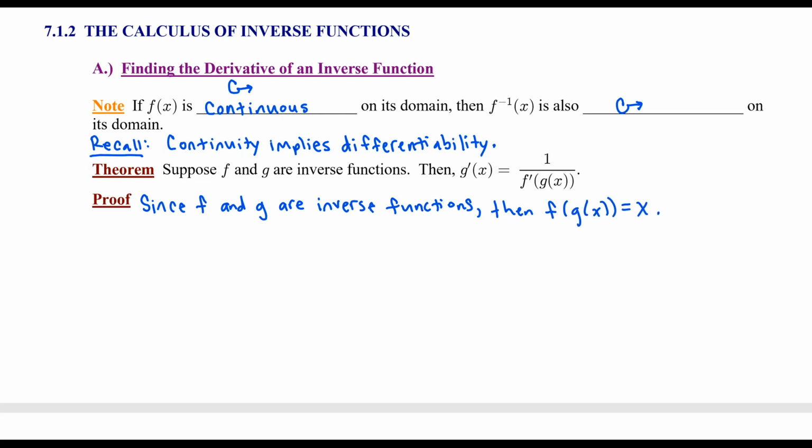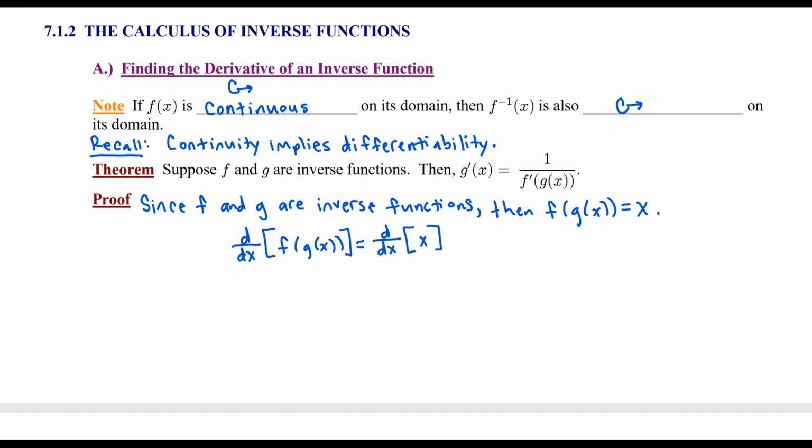The composition of two inverse functions always yields the output of x. Now, we're going to take this relationship and differentiate both sides with respect to x. Notice I'm using that differential operator, d over dx. That tells me to differentiate with respect to x.